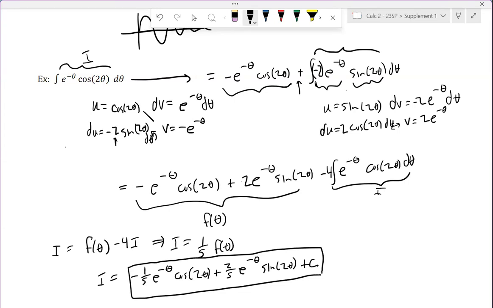Yeah, not the nicest looking integral. We could certainly factor out an e to the minus theta and get a combination of a cosine and sine of the same frequency. We could wrap that under a single trig function with a phase. So we could massage this a little bit, make it look a little nicer. But that is the answer, and that's where we'll leave it for now.